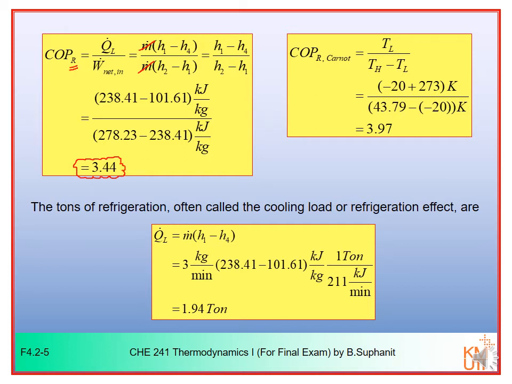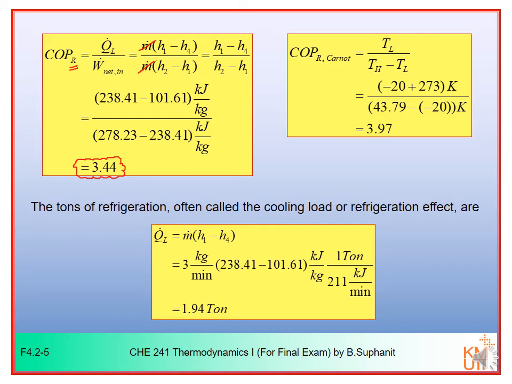Now, if we want to compare with the COP of the reverse Carnot operating between the same maximum and minimum temperatures, we can use this equation for the reverse Carnot. COP of the reverse Carnot is TL divided by TH minus TL. Okay, temperature here must be absolute temperatures.